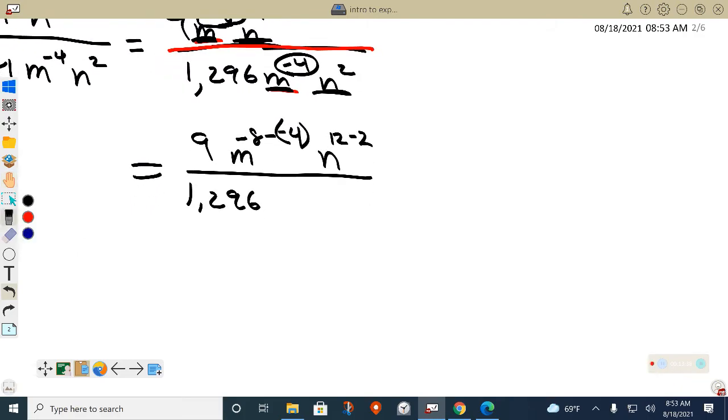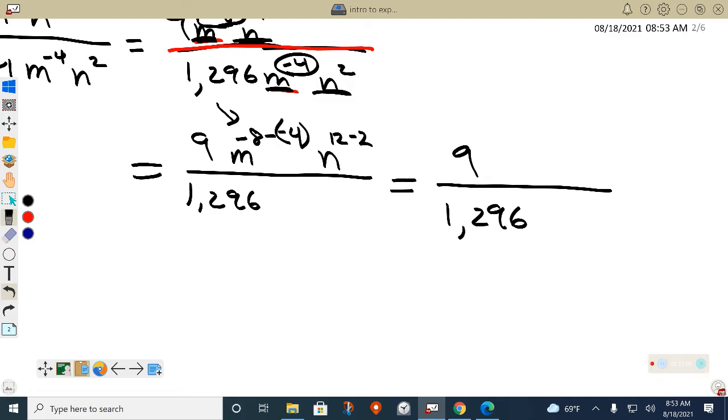So now, n is a 9, right? So let's see. Negative 8 minus a negative 4. Let's do the 9 first. I got you. And I'll put the 1296 here. That's m to the negative 12. Close.